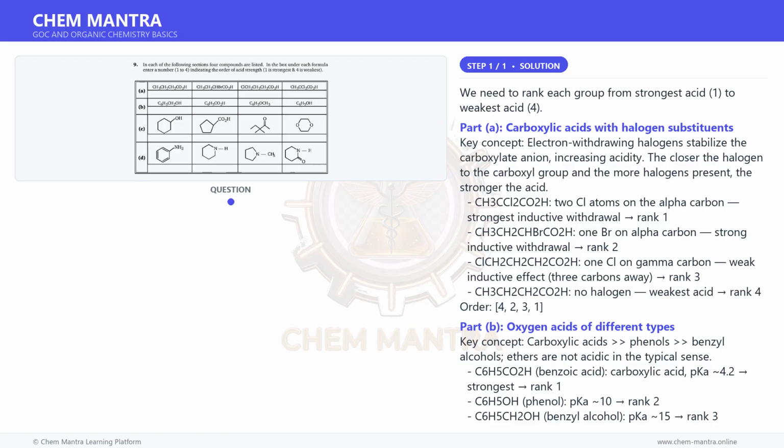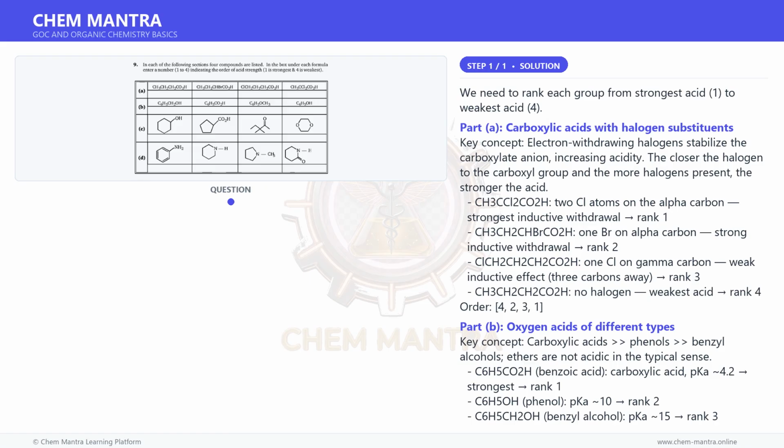Part D. Nitrogen bases ranked by acidity, conjugate acid strength or NH acidity. Key concept: here acidity refers to NH acidity or the acidity of the conjugate acid. Amides, lactams, are far less basic than amines because the lone pair is delocalized into C=O, making the NH more acidic.